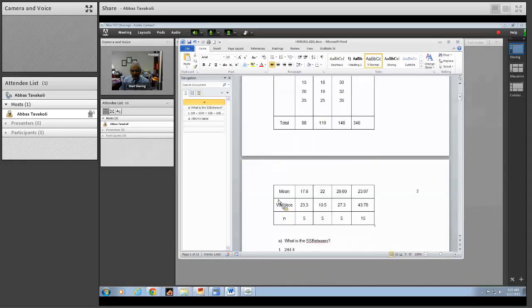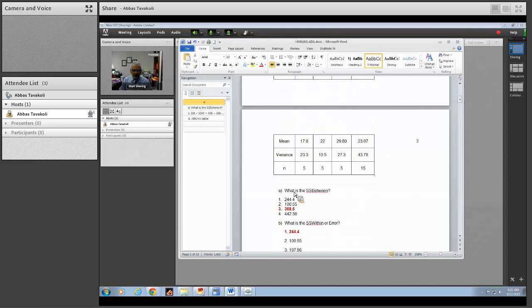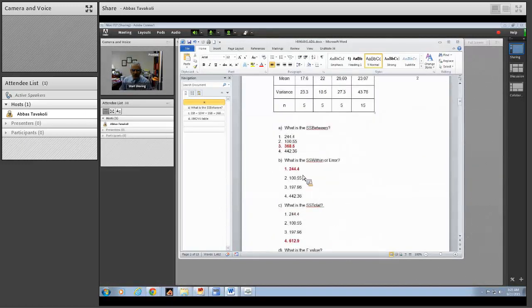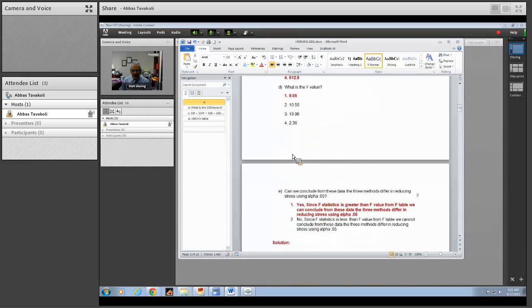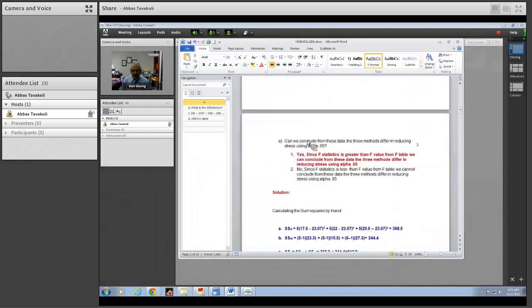The mean, the variance, the n. I asked you: what is the sum of squares between, what is the sum of squares within or error, what is the total, what is the F value, basically to create your ANOVA table, and also, can we conclude from this data that the 3 methods are different in reducing stress using alpha 0.05?